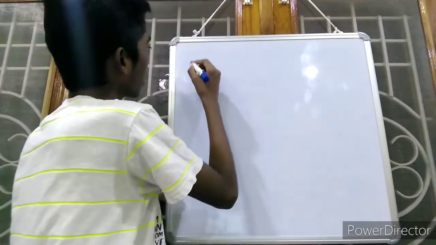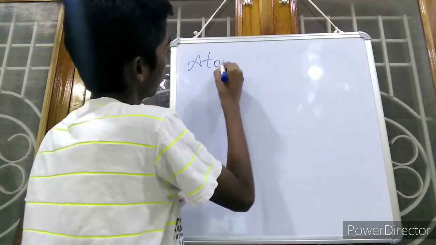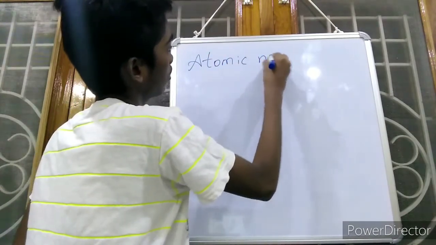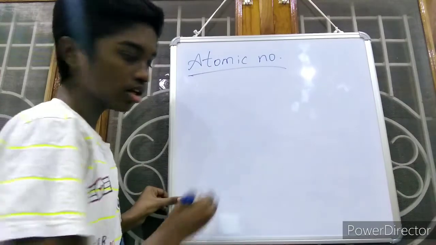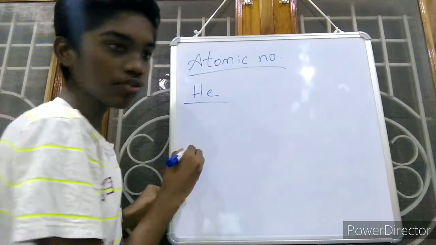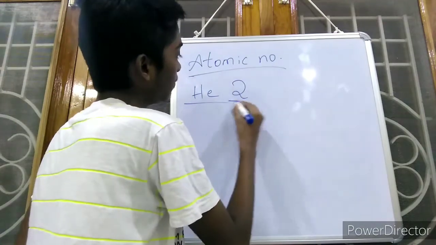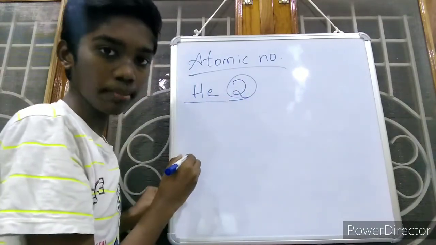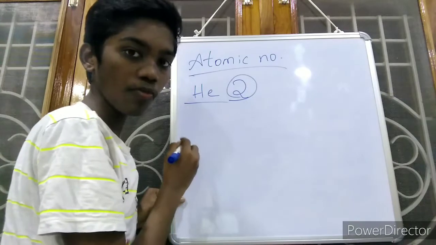Take the atomic number. If we take the element helium, we know that the atomic number of helium is 2. It means that helium contains 2 electrons and 2 protons.